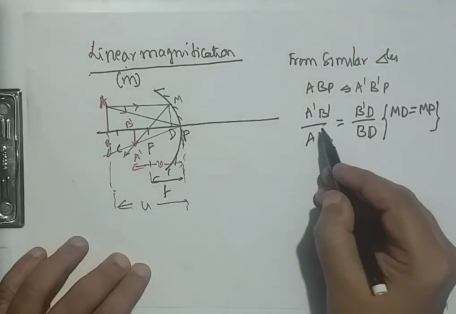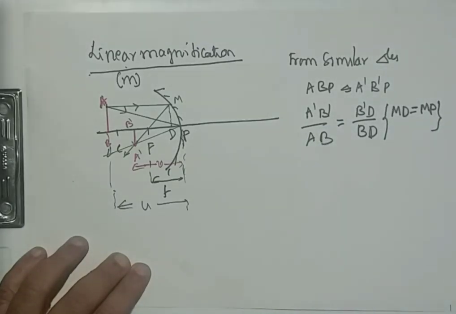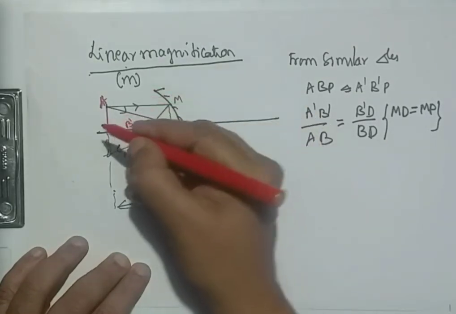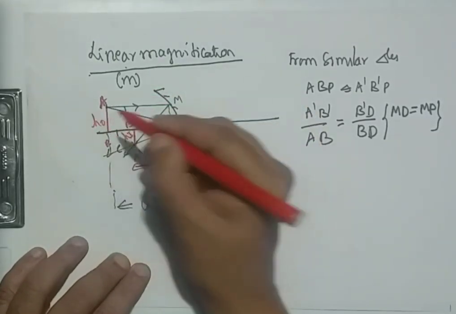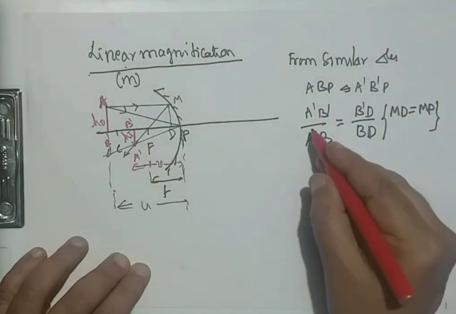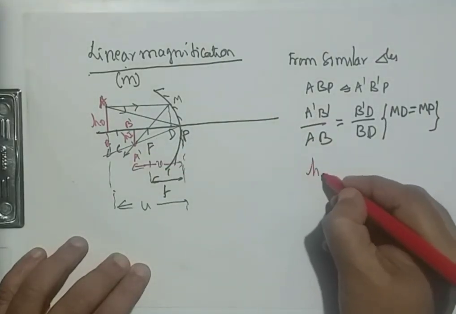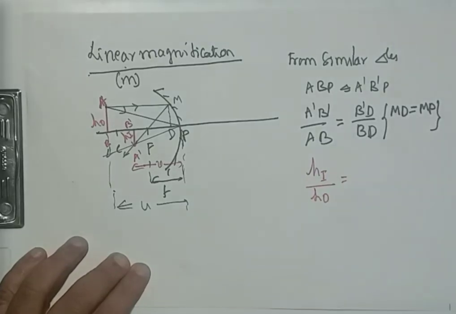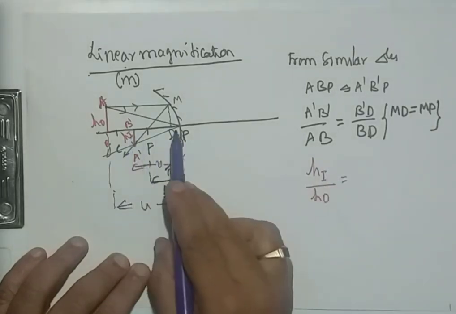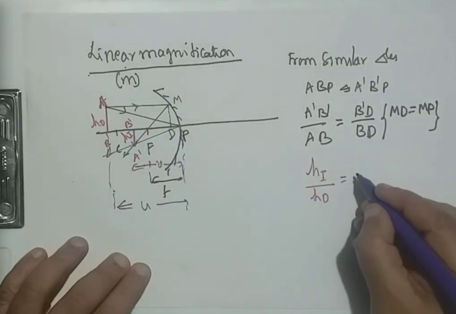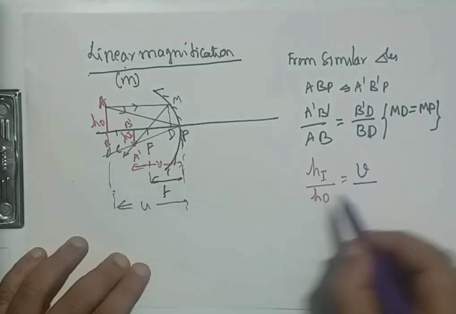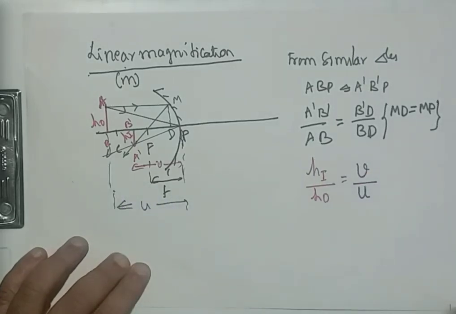Now, A dash, B dash is height of the object, height of the image, I call it as HI. AB, height of the object, HO. Therefore, on left side, HI by HO is equal to B dash D, B dash D, I can simply write it as V divided by BD, U, I can write.